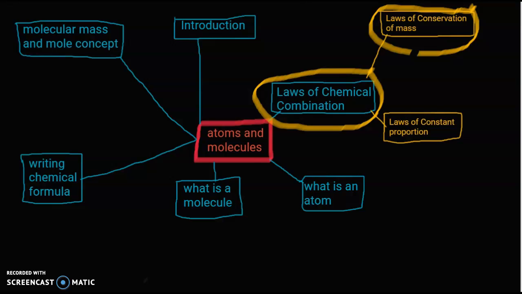And he said that they combine in certain proportions, and the relative number and kind of atoms are constant in a given compound, as we talked about water earlier, that hydrogen and oxygen combine in the same proportion wherever you take it from. So these are the postulates of Dalton, which you will have to know. Point-wise, you should know these postulates.